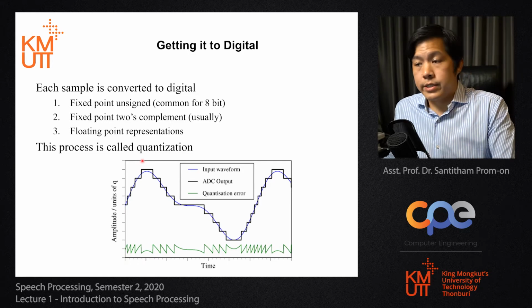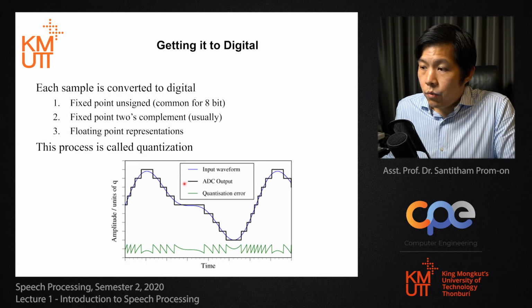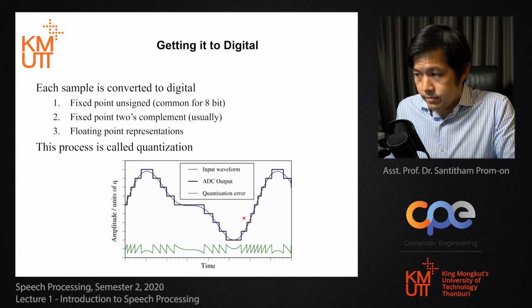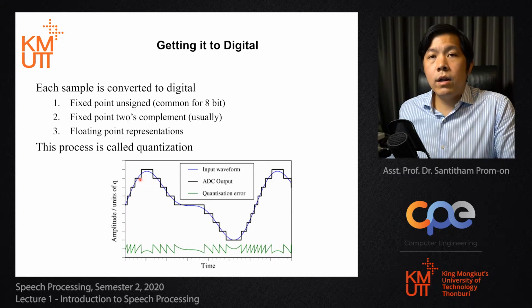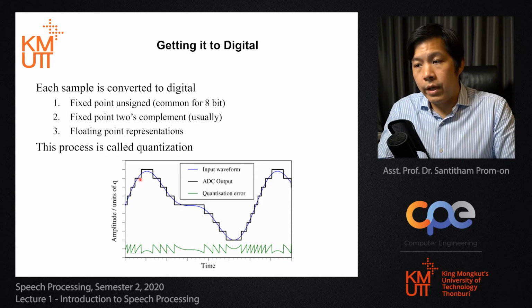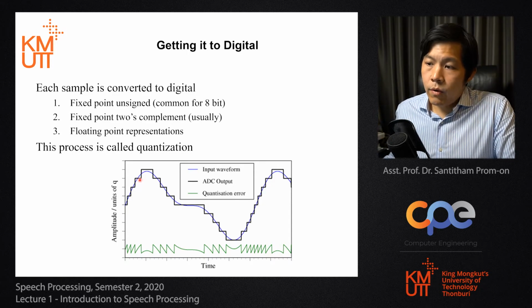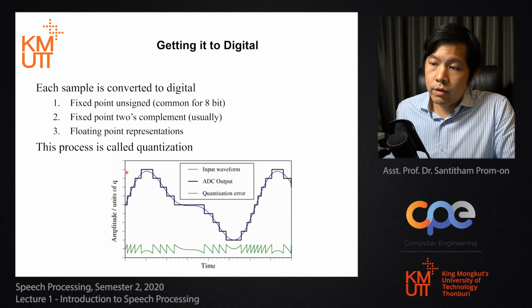What is quantization? When we have the data coming in, the blue line here, after sampling, the input wave is in blue and the ADC output will be in black. You can see that instead of taking the value at every point, the value will be quantized or classified into levels according to the bit.